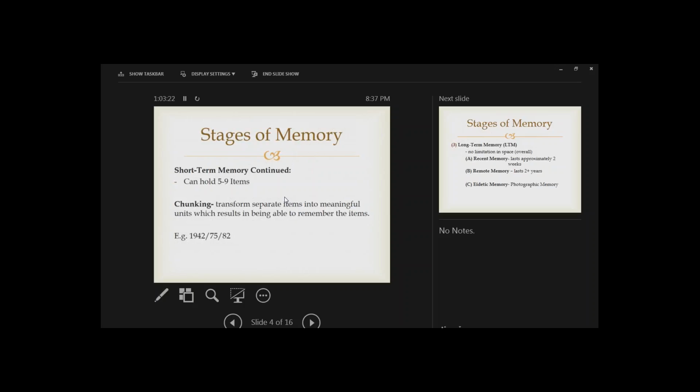Chunking is when you take digits and so say I had to remember 19427582. I would do what's called chunking and make it into separate pieces that are meaningful. So on that one, let me see if I can remember. It was hotel. Oh, I think I forgot it.